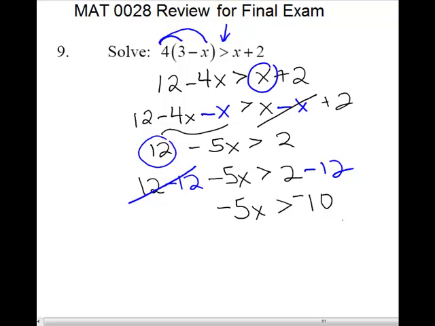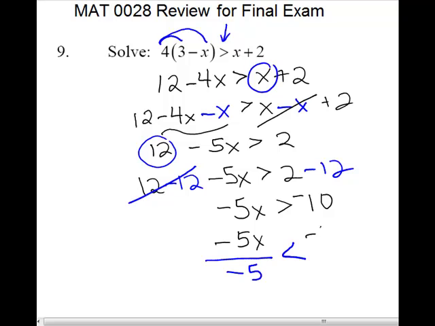Now you're down to the step you have to watch for because you're ready to divide. If your coefficient is negative, you have to divide by negative. This time it is, so that means our symbol is going to flip. So I'm going to take an extra line since my symbol is going to flip because I'm dividing by negative 5.